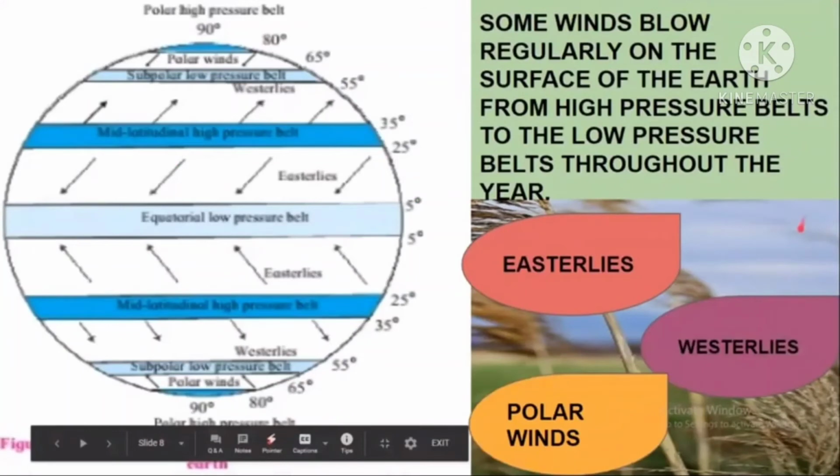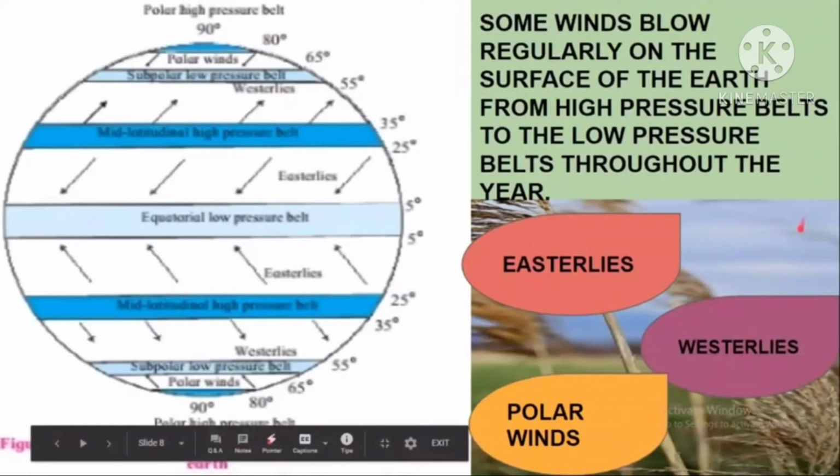This direction has been shown by curved arrows in the figure that I showed you in the last slide. The rotation from west to east causes this change in the original direction of the winds.